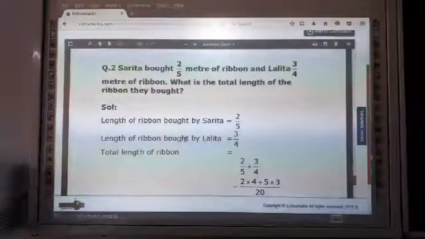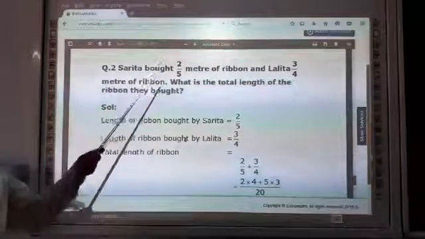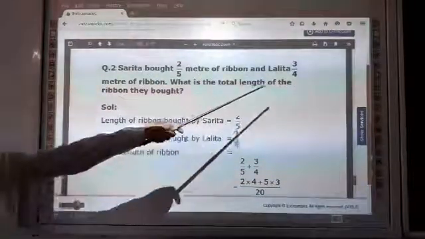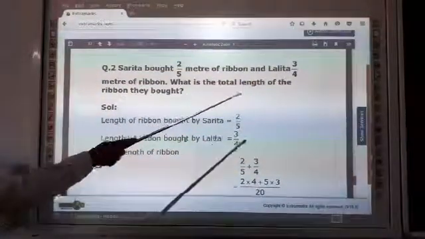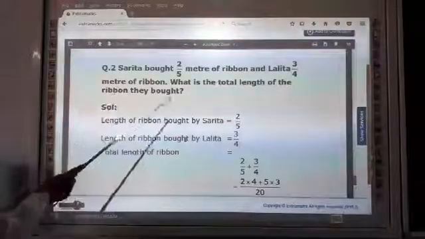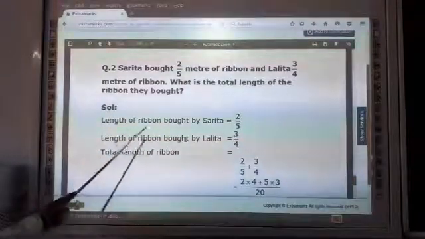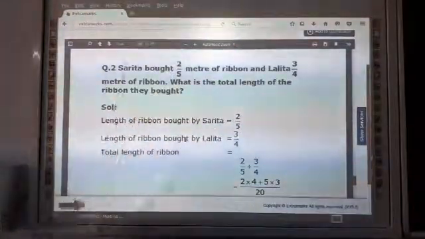Now next question. Sarita bought 2 upon 5 meter of ribbon and Lalita 3 by 4 meter of ribbon. What is the total length of the ribbon they bought? Solution: length of ribbon bought by Sarita is equal to 2 upon 5.